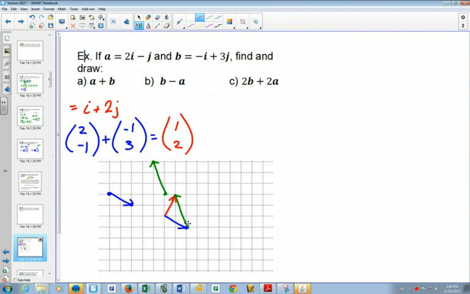Because it will be annoying if we'd have to draw our vectors every time and then count spaces in order to figure them out. So can we see what's happening? Our x coordinates, or like matrices, the x values are getting added and the y values are getting added.